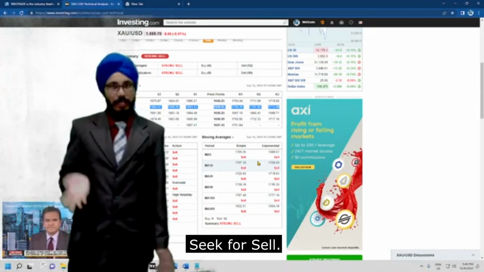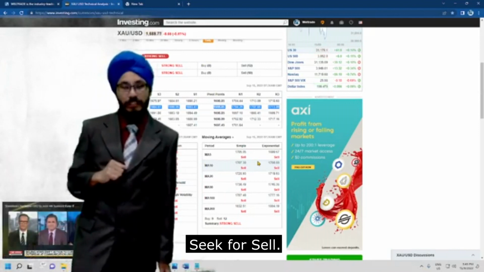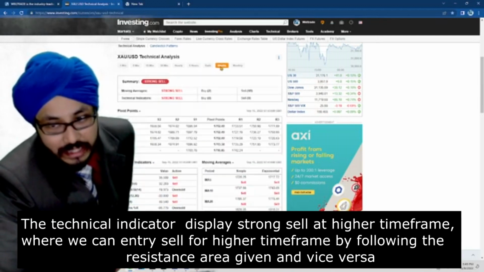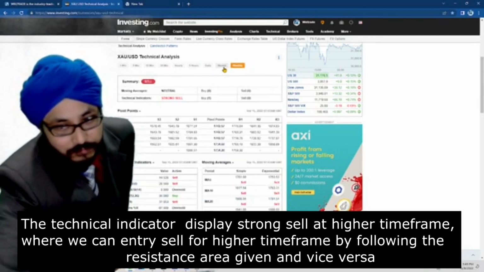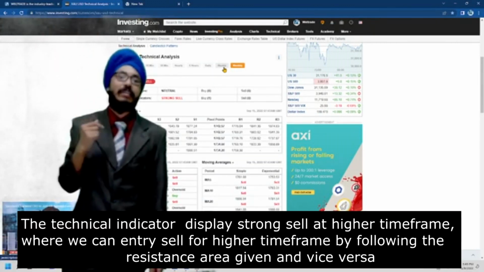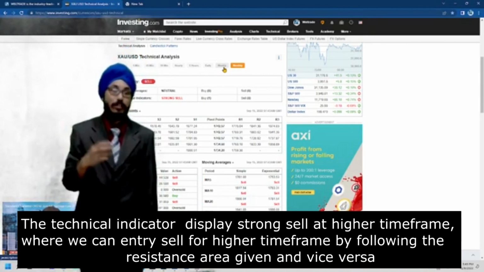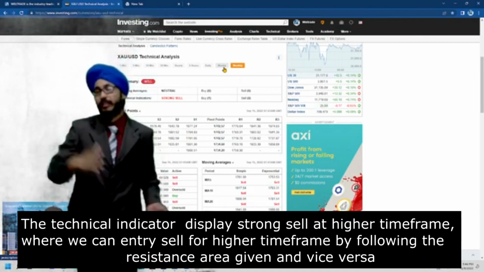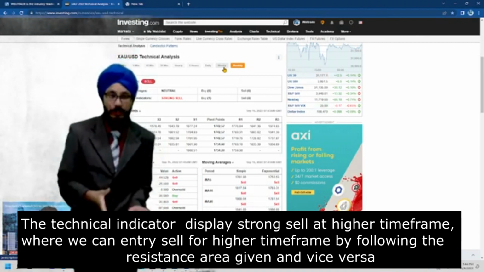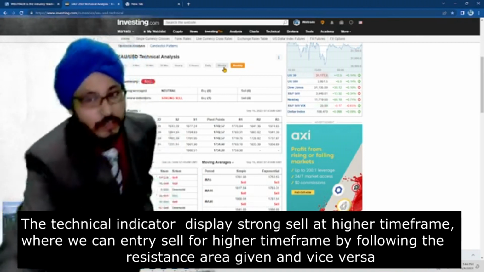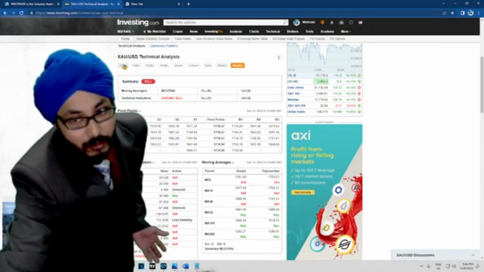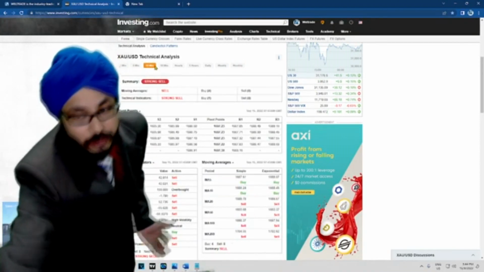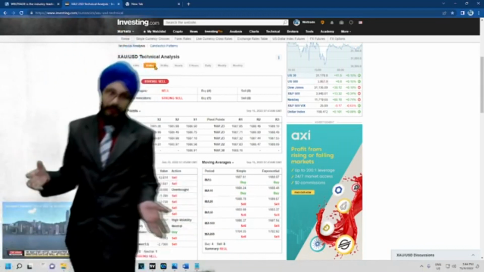Moving forward, if we would like to have more confirmation, we can always look at a much higher time frame, which is the weekly and also the monthly. As we see over here, our technical indicators are also supporting a strong sell. If you are going to trade in a much lower time frame, you can go to 1 minute, 5 minutes and also 15 minutes to check the current trends.